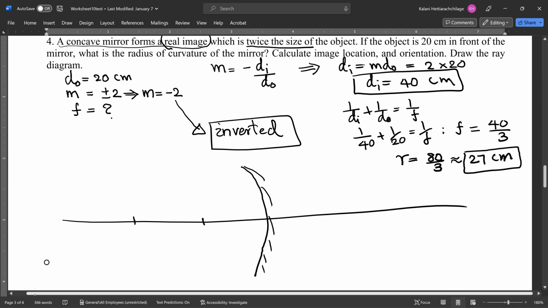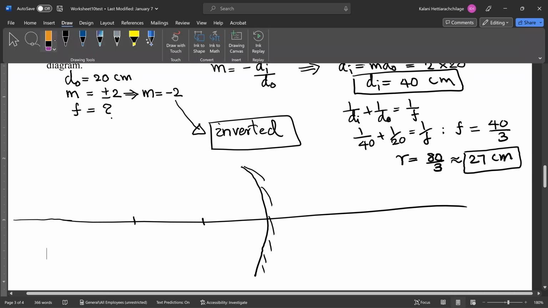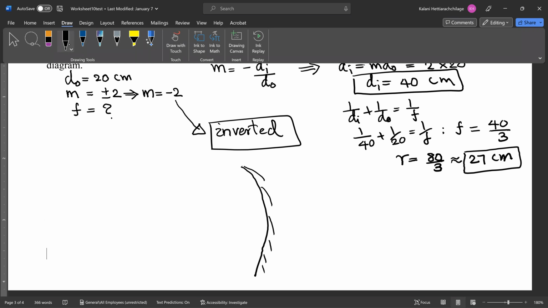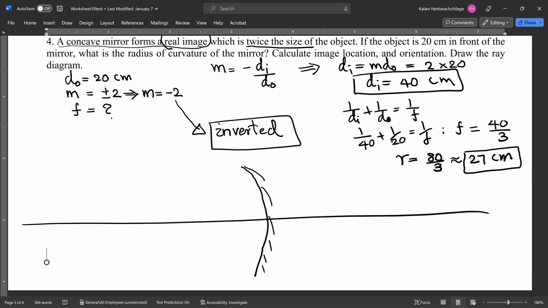So now our DI is sitting at 40 centimeters. I need to extend this one because this is 27. I will probably move these two dots a little to the left. So I'm going to extend the optical axis. Let's do R here, and here is my F. F, C, and then I have 27, 40. That means somewhere here is my object.